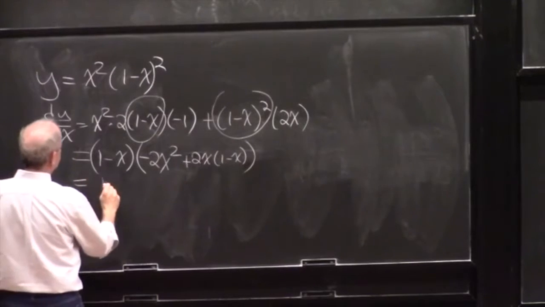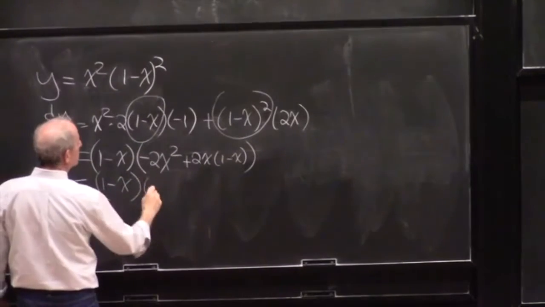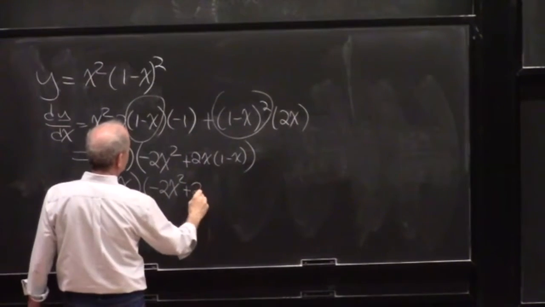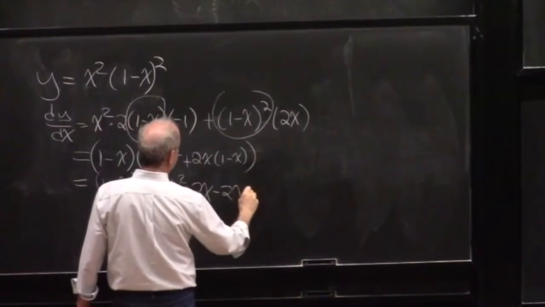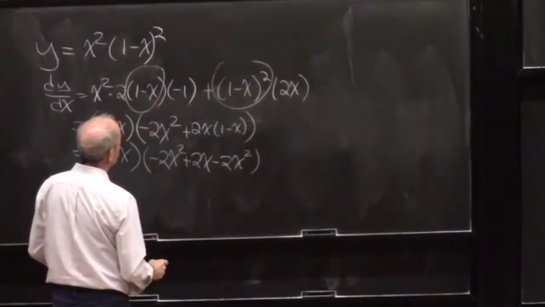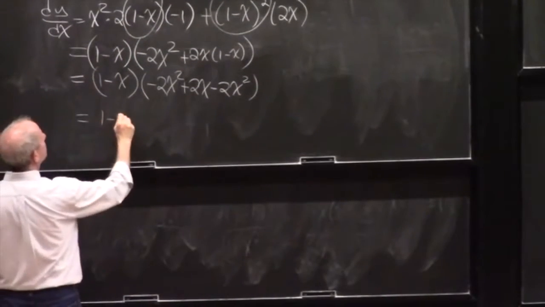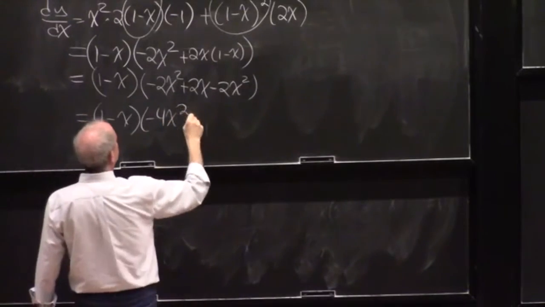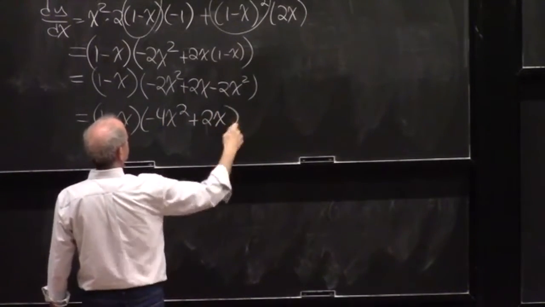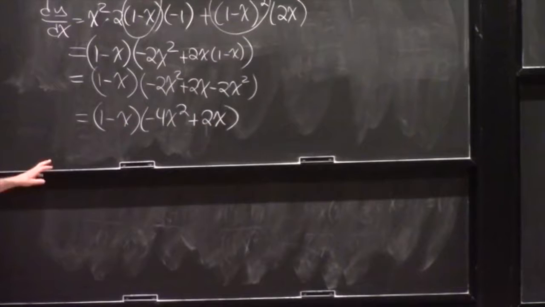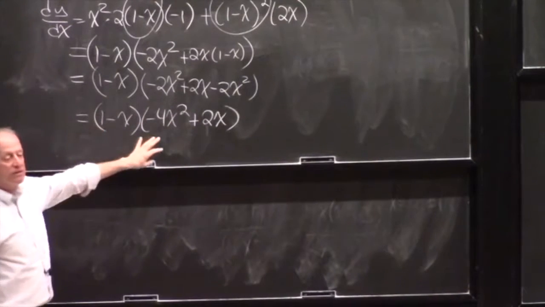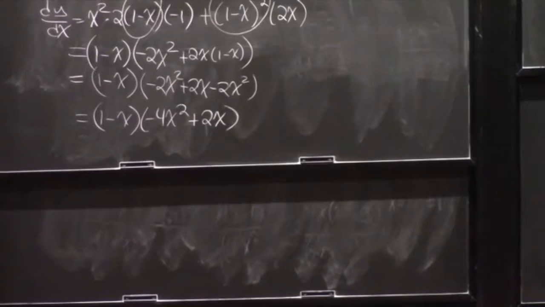This is 1 minus x times minus 2x squared plus 2x minus 2x squared. Or 1 minus x times minus 4x squared plus 2x. So that'll be easier to find zeros, and that won't be that hard to take the second derivative of.